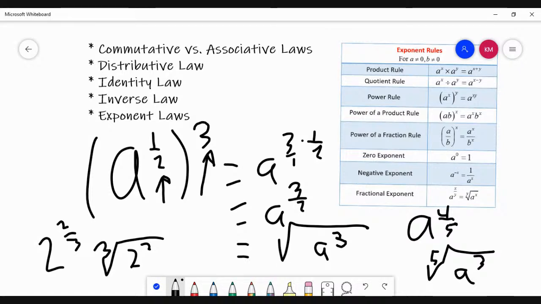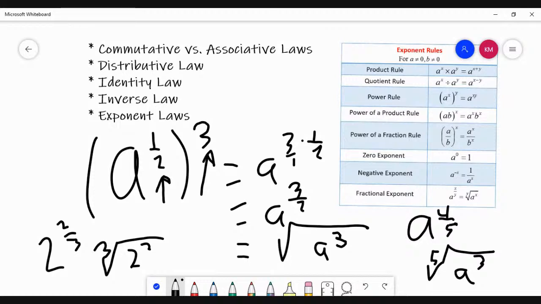Now, a square root doesn't have a 2, because with a square root it is understood that it is the 2nd root. So when you're dealing with square roots, you will never see a 2.